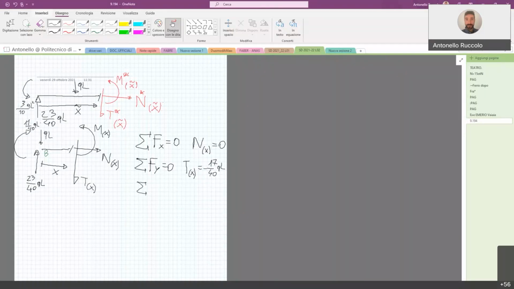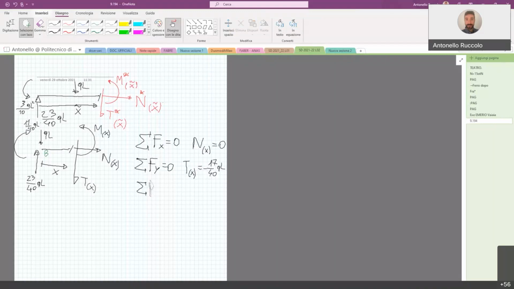And the computation of the force here is exactly the same working on this structure or on this structure, because we have QL and 23 over 40 QL. So in the equation, nothing changes.